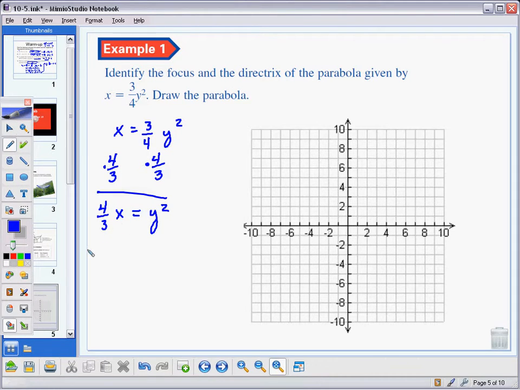So this 4/3 I'm actually going to rewrite as 4 times 1/3 times x equals y squared. So now the p-value becomes apparent. P is equal to 1/3. And that p-value is going to unlock a lot of features about this graph.